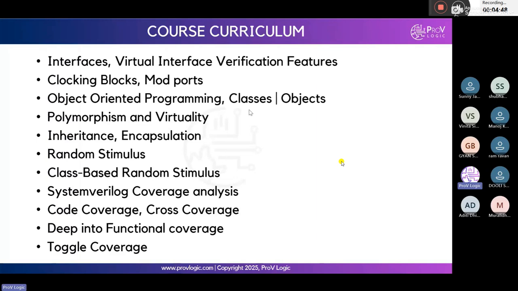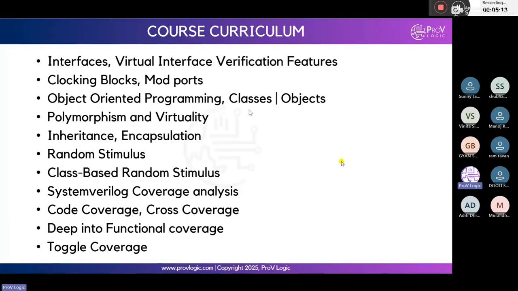We are also going to discuss interface, virtual interface, verification features, clocking blocks, modports. Every feature, every small topic is important. We cannot skip any topic. Every minor topic is most important. Suppose interface: what is the main use of interface?